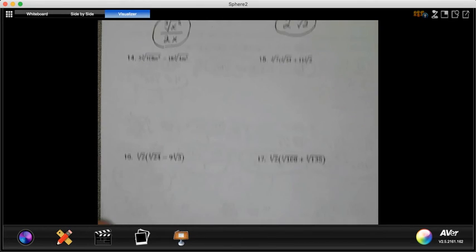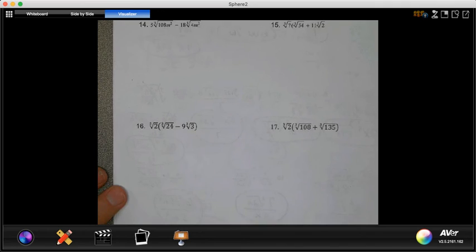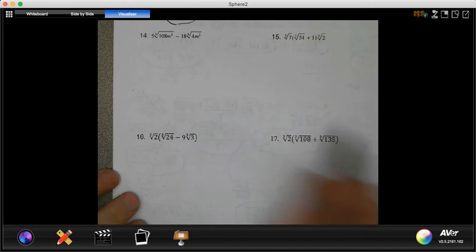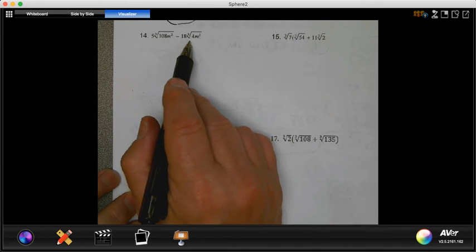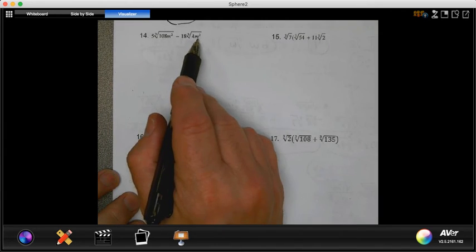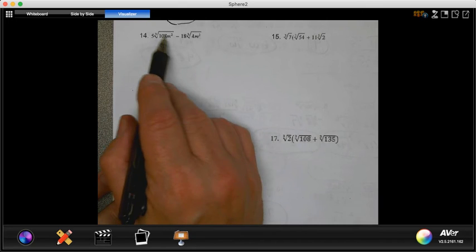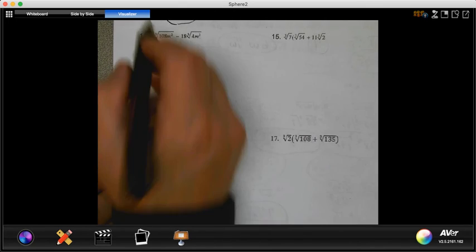Oh boy, 14. Here we go. Let's see what we got going on here. I just have to subtract them. So this is in lowest terms because the power of 2 is too small to cancel and the 4 is not a perfect cube. So I'm betting I've got to simplify that a little bit.